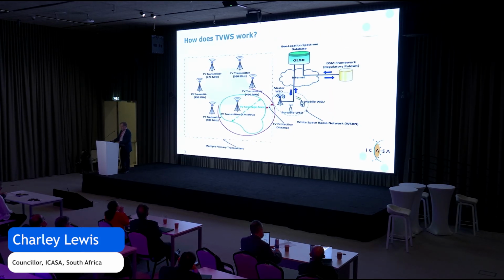I'm not going to explain to you how TV white spaces work. I think most people are familiar, but that's the kind of architecture that we had in place when we set up our framework. So you will see there's a database that really controls the assignment and then makes the spectrum available in local areas.